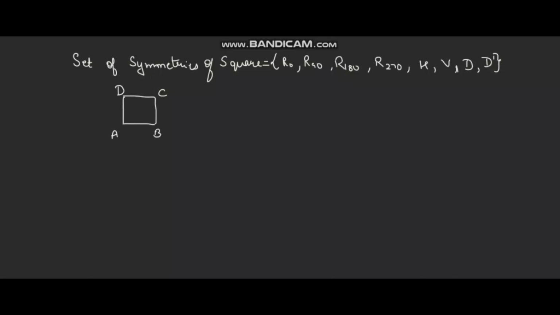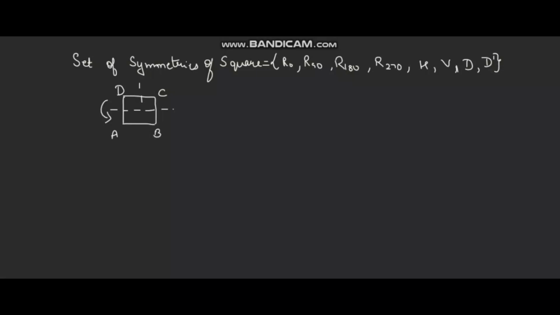Now R90 means we are rotating it by 90 degrees. And we will consider that it is being rotated in anti-clockwise direction, this direction. R180 means we are rotating it by 180 degrees. R270 means rotating it by 270 degrees. And H means we are reflecting, we are flipping the square about the horizontal axis.